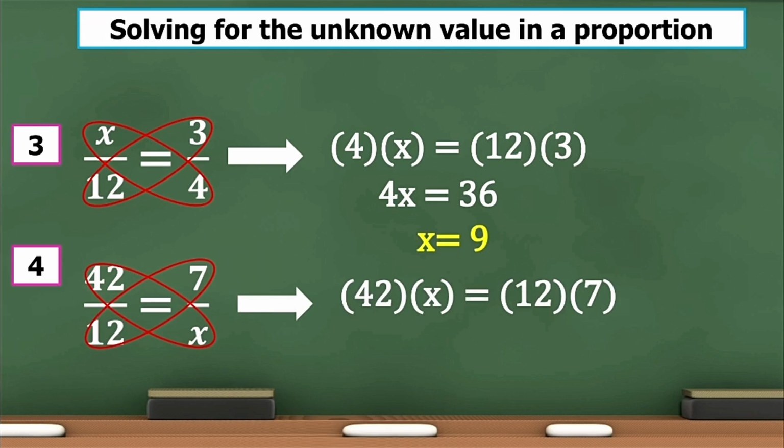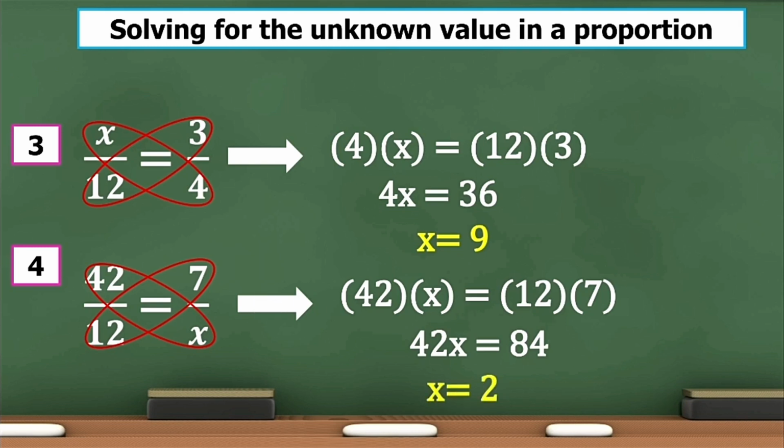And 12 times 7 is 84. Tapos, gagamitan ulit natin ng division property of equality para ma-isolate natin yung ating variable sa left side ng equation at para maalis natin ang 42. So, divide both sides by 42. So, magiging x is equal to 2.